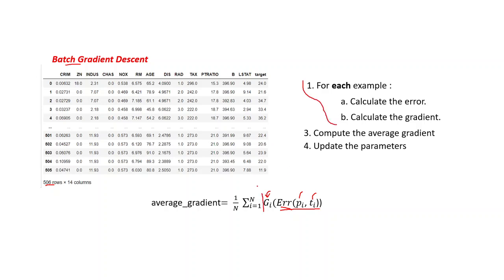Now, in order to compute the average gradient, you will sum up all the gradients you have stored for all the examples and divide that by the number of examples. So this is your average gradient. Using this average gradient, you will update the parameters as theta equals theta minus learning rate times average gradient, where theta is your parameter.